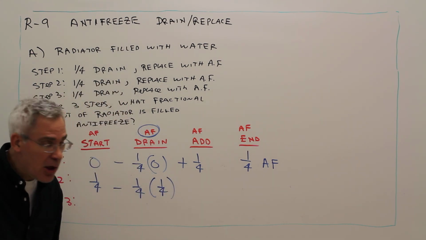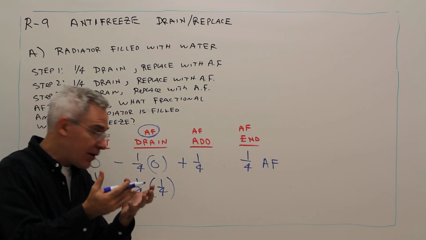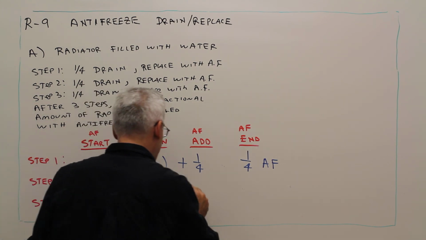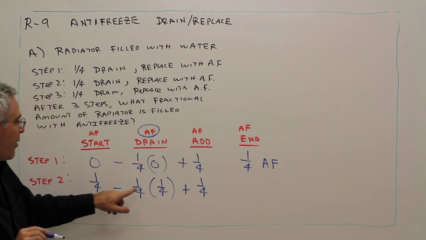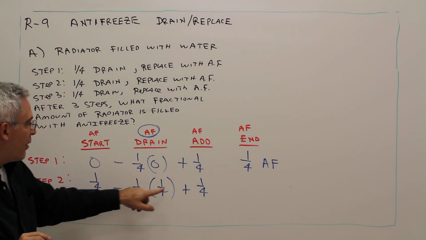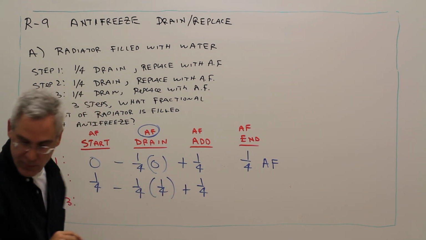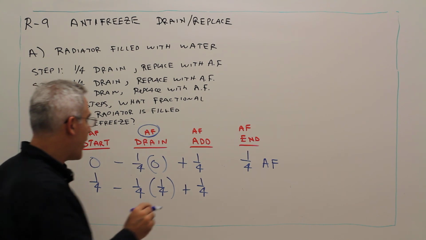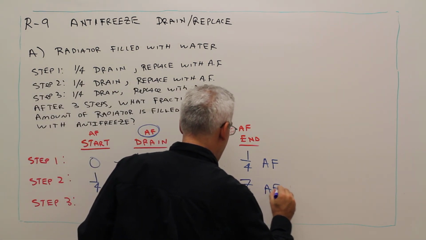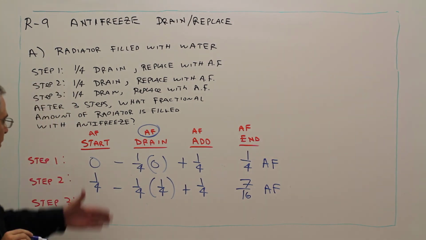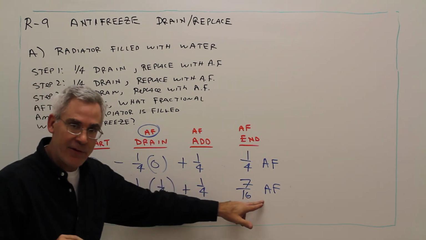And I'm adding, again, that vacant volume with pure antifreeze. So now I've got 1/4 minus 1/16 plus 1/4. So if you do that math, you get 7/16 antifreeze. Okay, that's where I ended for step two.